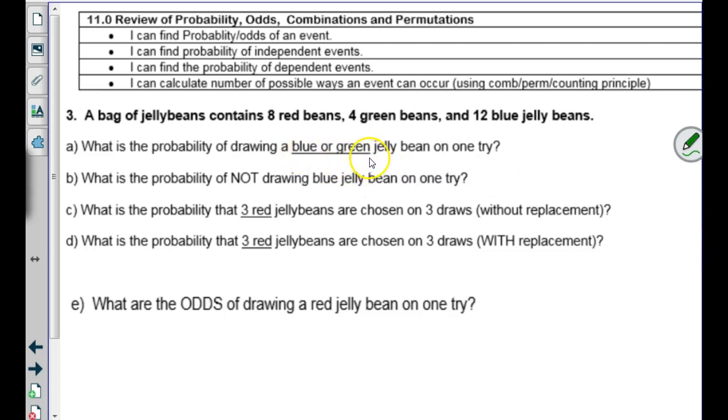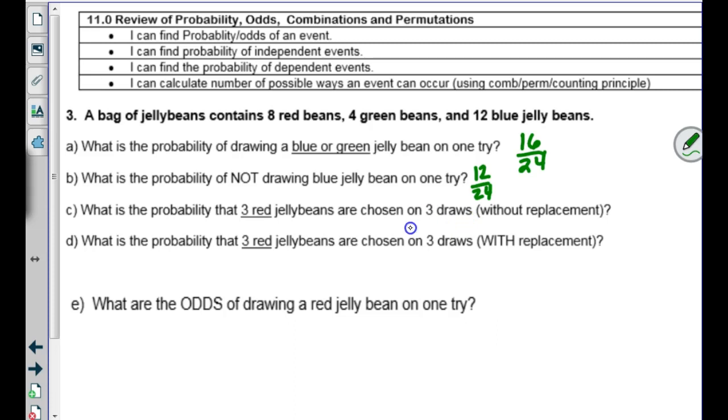Blue or green means there are 16 out of 24 winners, and you should reduce that. I'm just not going to bother. Probability of not drawing a blue on one try. So not blue means red and green. Those 12 are winners, which would reduce to 1/2.